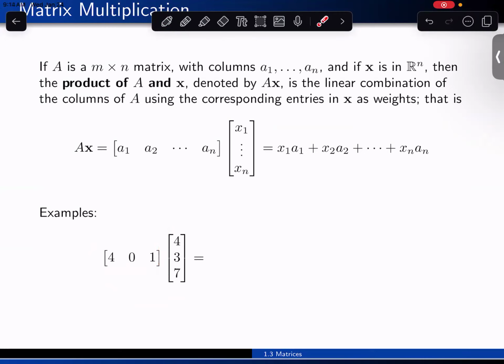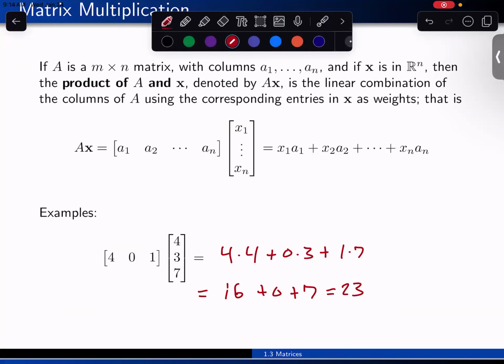And you can also think of it as a linear combination: 4 times 4 plus 0 times 3 plus 1 times 7. It's just going to end up giving you a number, because we're really just taking a dot product in this scenario. And so this is going to be equal to 23.